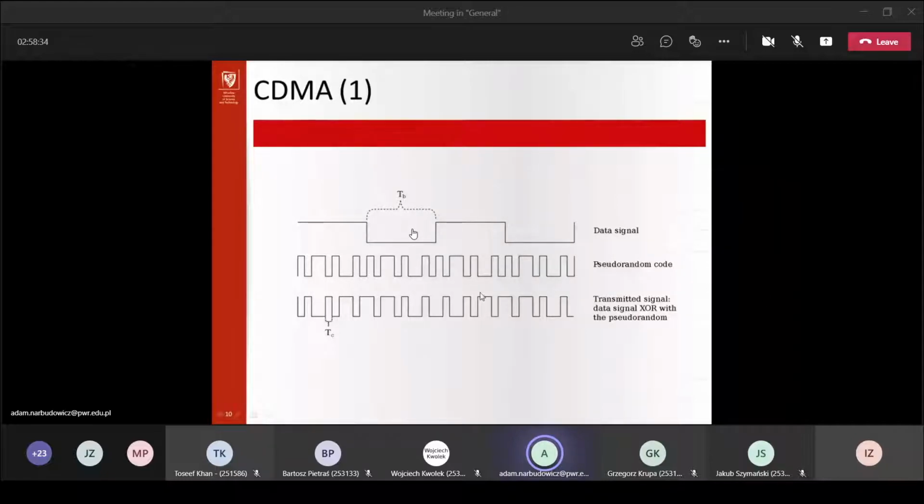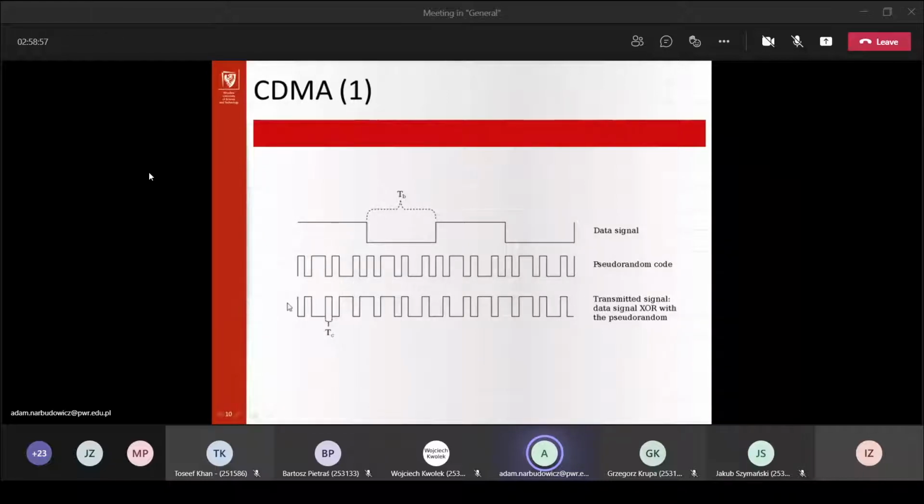the communication. So here's our original data signal. And here it's XORed, or mixed, with a pseudo-random code. What's important is that the pseudo-random code needs to change much more frequently than the data.